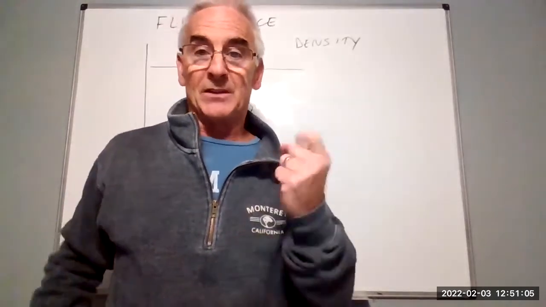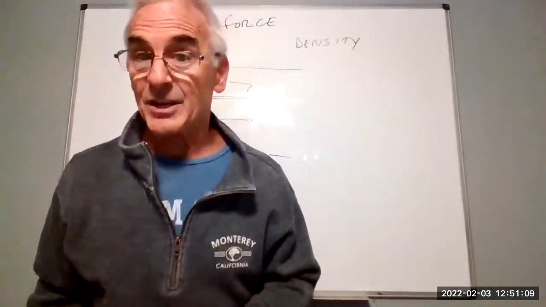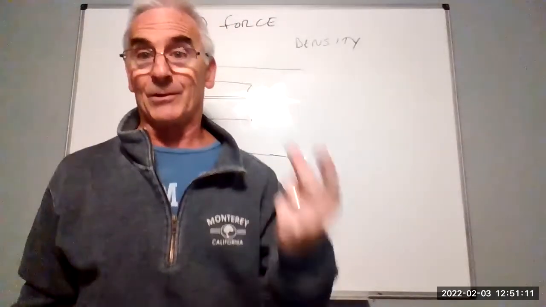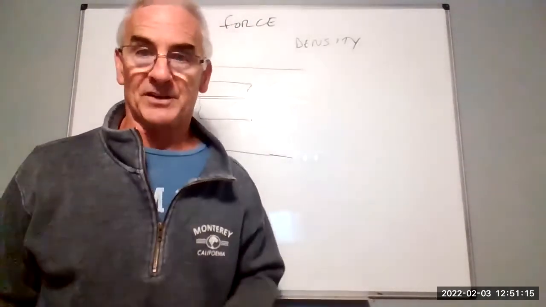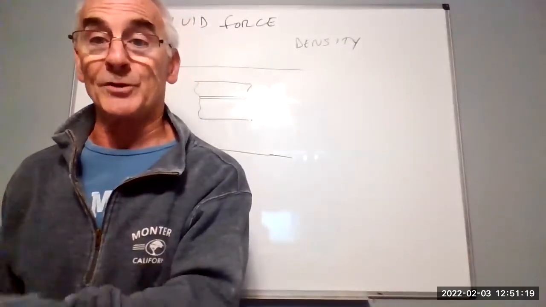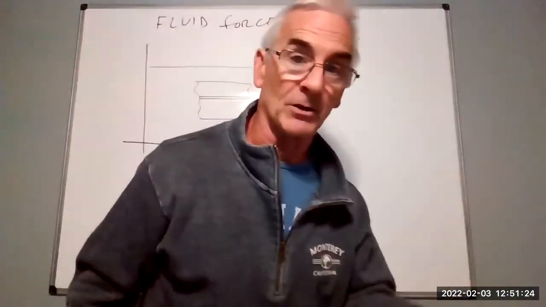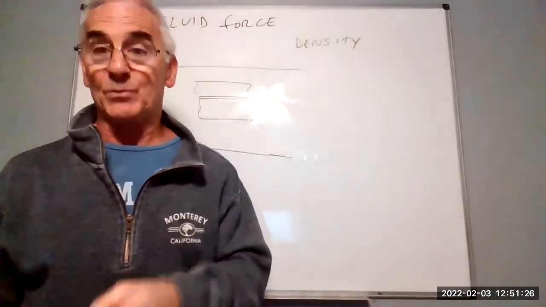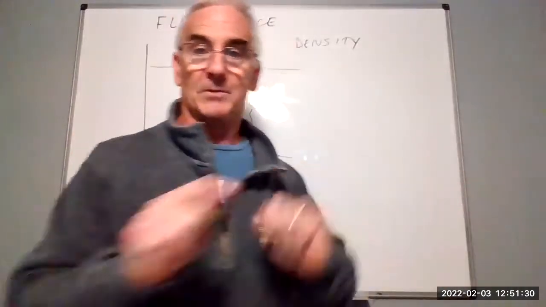It's mass per unit length, area, and volume, but it's also weight per unit length, area, and volume. So if I'm talking about the density of water, for example, we say things like pounds per cubic foot or pounds per gallon or newtons per cubic meter or newtons per liter. In other words, we use weight per volume.